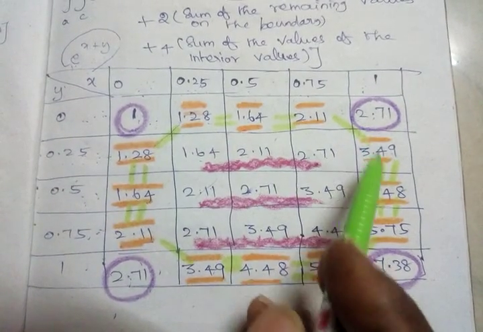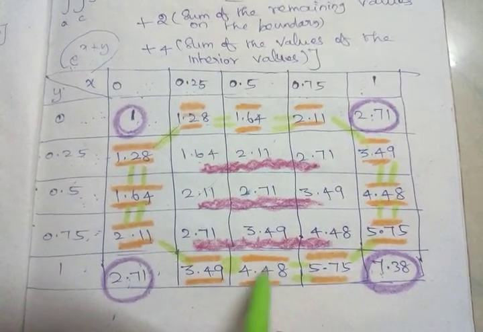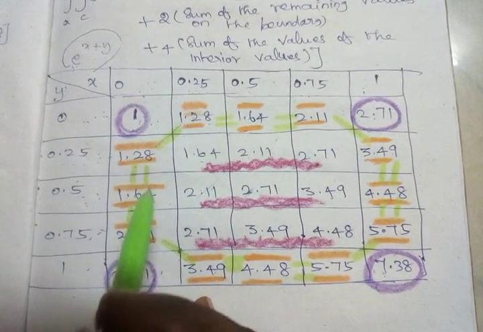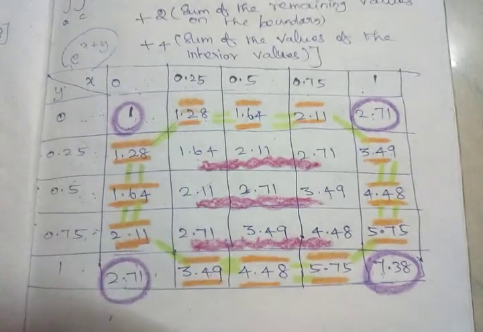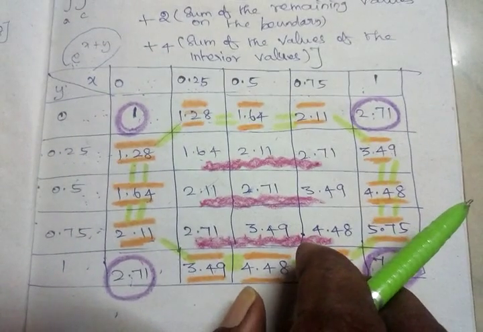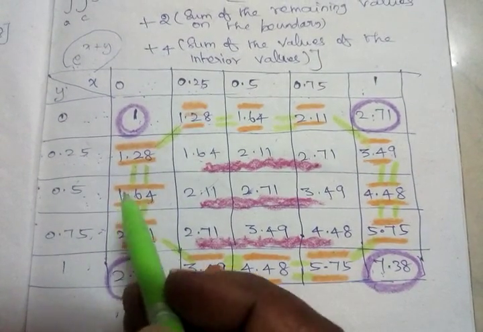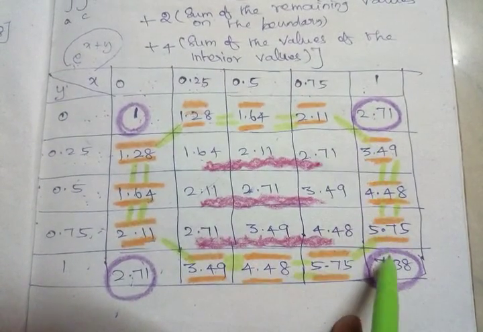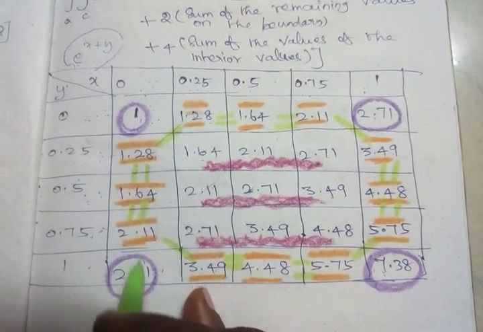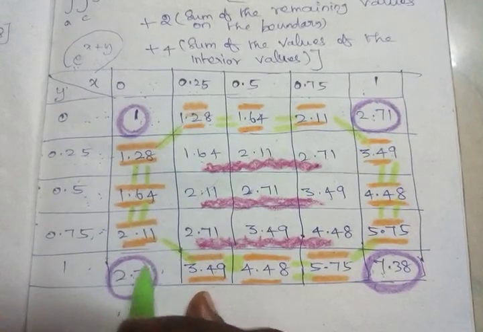So totally 2, 4, 6, 8, 10, 12, 14, 16 values are boundary values. Are you clear? These 16 values are called boundary values. Among the 16, these 4 values 1, 2.71, 7.38, 2.71 are called corner values.